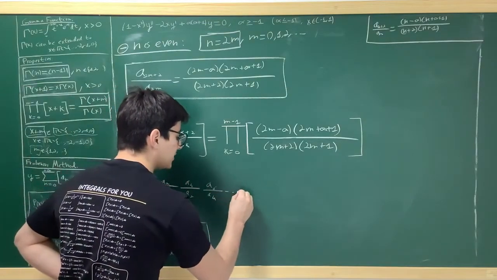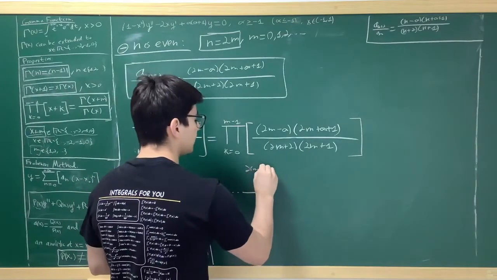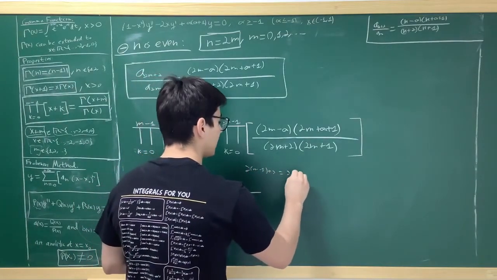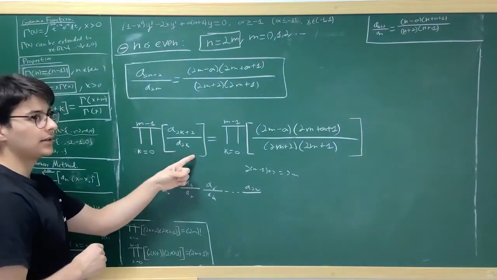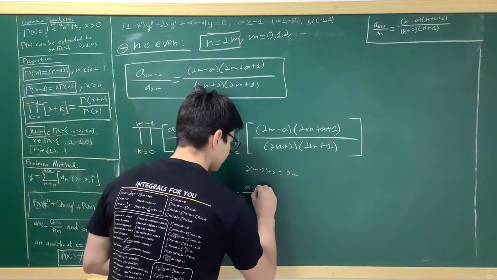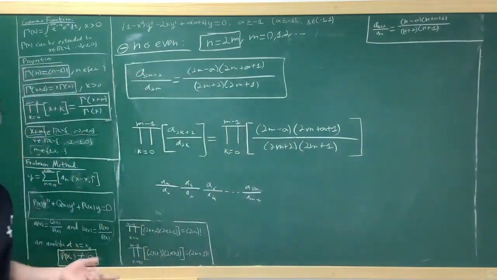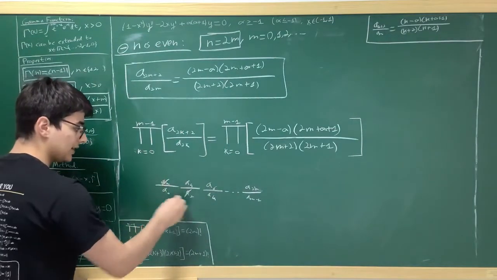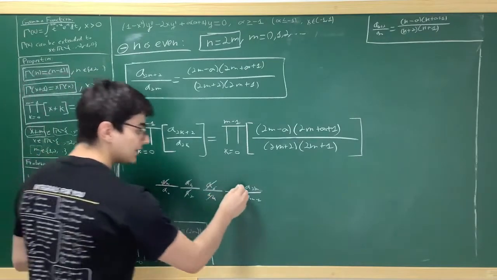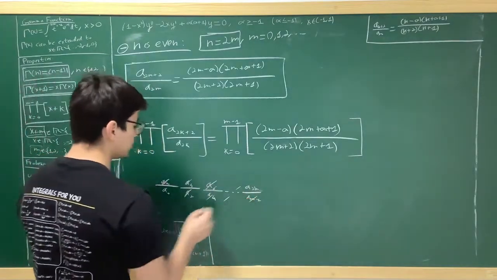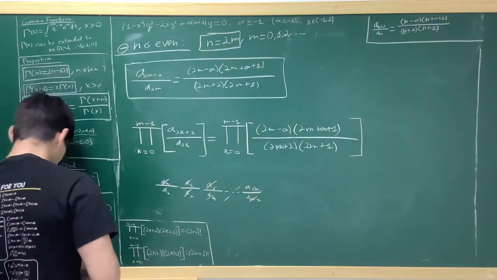And we keep doing this, we get that the last term is, well, 2m minus 1 plus 2 is just 2m, so we get a 2m. And on the bottom, we get 2m minus 1. So this is what we get. But notice that this and this cancel out, this and this cancel out, this cancels out with the next one, and this right here, the previous term, cancels out with this one. So we're just left with a 2m over a naught.